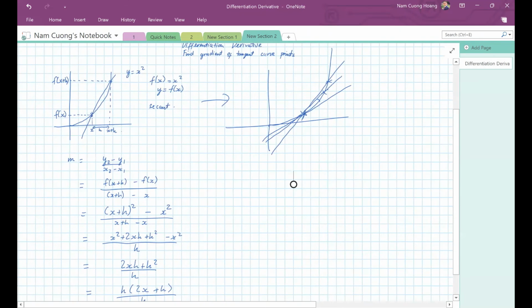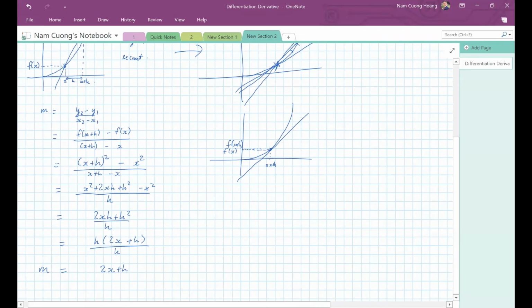Okay, so here you will have this one and the point right next to it. So I will have x and x plus h right here. I will have f(x) right here, and I will have f(x plus h) right here. Okay, and this is a tangent that we're supposed to find the gradient of.